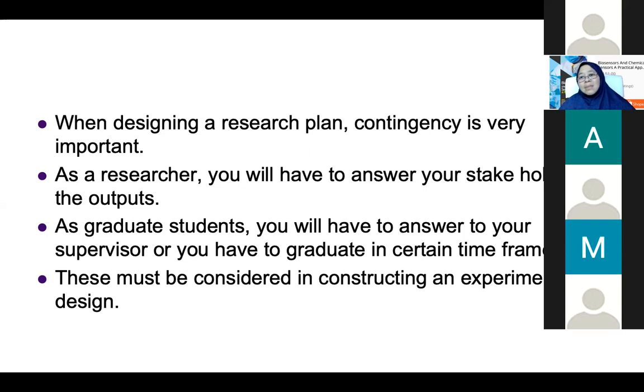So my contingency is always to have more than one student work on the same project. Okay? So that will be my mitigation or contingency. Every time I anticipate that this is going to happen, students quit, or they are offered a different, more interesting project.